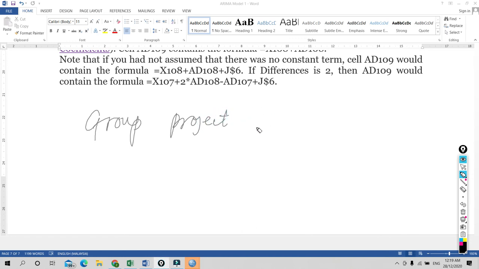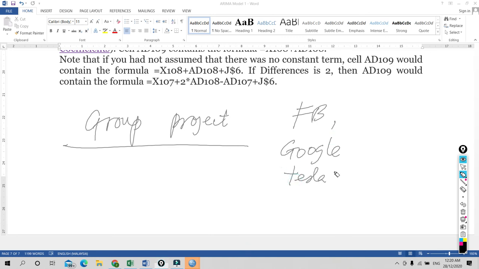Okay, now for the group project, can you refer to your previous data? For example, I have asked you to find Facebook data. Then you will need to find Google, Tesla, and so on and so forth.